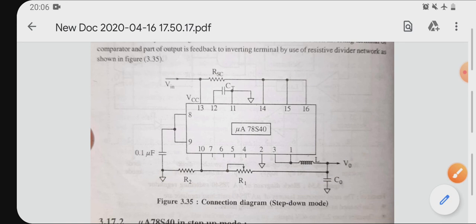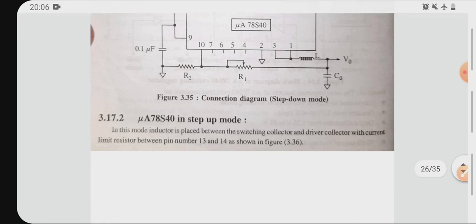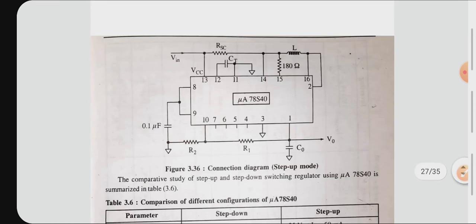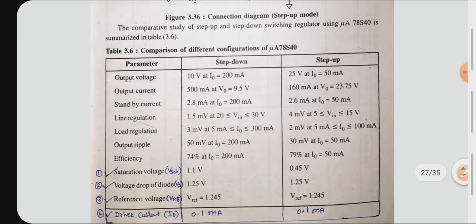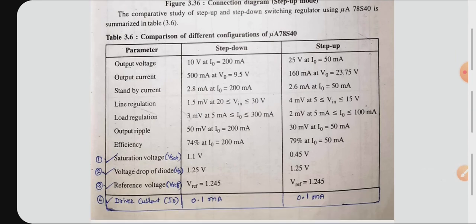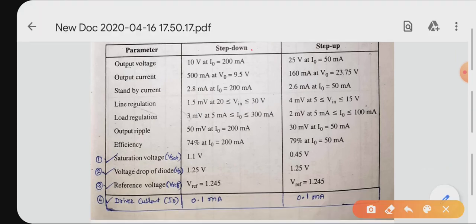Lastly, you have to draw this circuit diagram. And another mode is step up mode from 7 volt to 40 volt. Again a little bit of difference is there, so keep in mind these two circuit diagrams. This is the comparison of different configurations of 78S40, step down configuration and step up configuration.